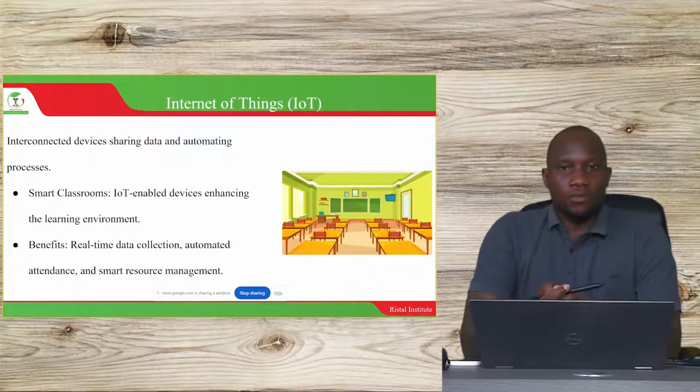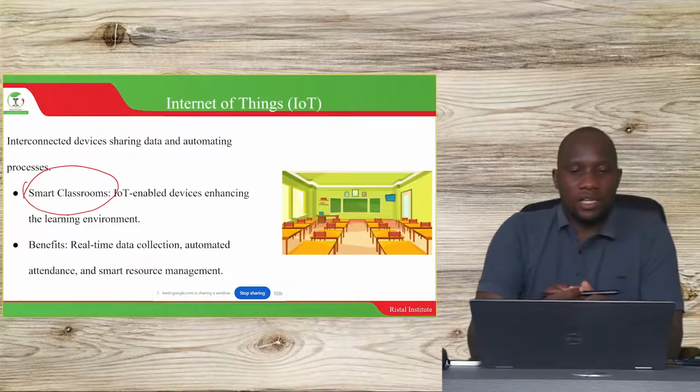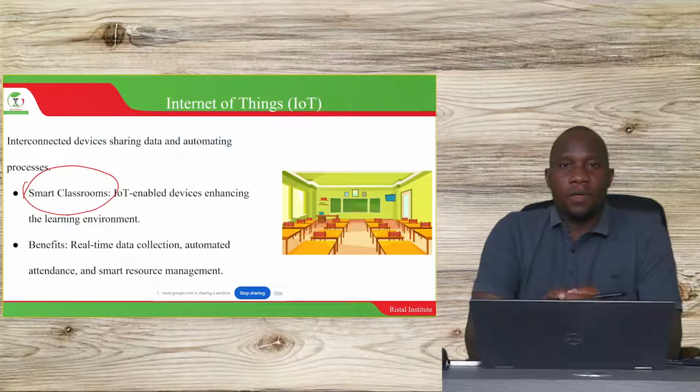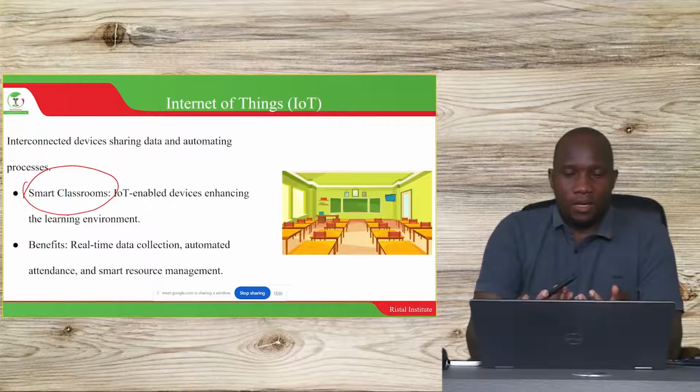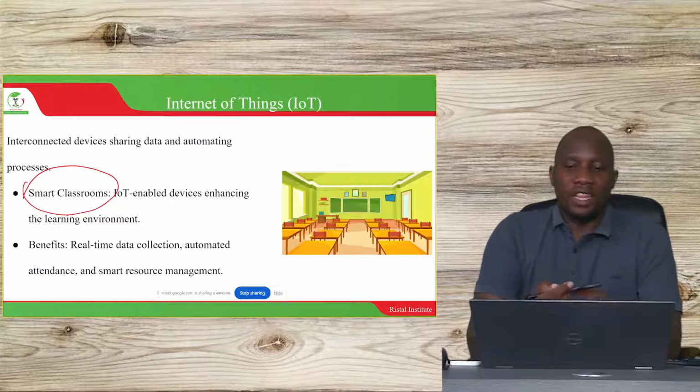Okay, and now this can also be applied in education, for example, in what we can call smart classrooms. So what does this basically mean? It means that we can get every gadget that we are using in learning and teaching being connected to one another.